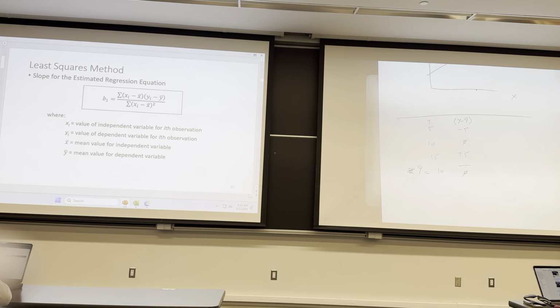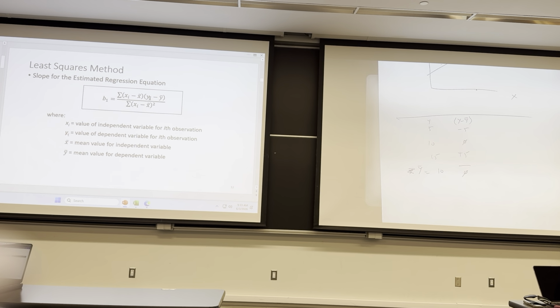Now, the slope of the estimated regression equation. This is the formula we are going to be using, and as far as multiple regression is concerned, we are going to be using Excel to get all these slopes. Now over here, what is xi? Xi is the value of the independent variable. This is the mean value of that independent variable.